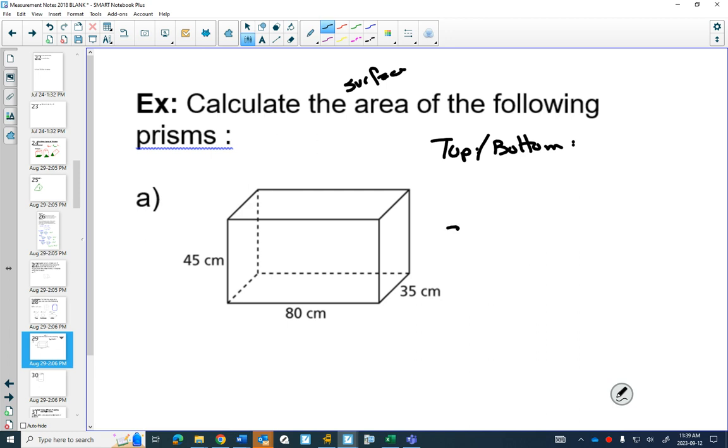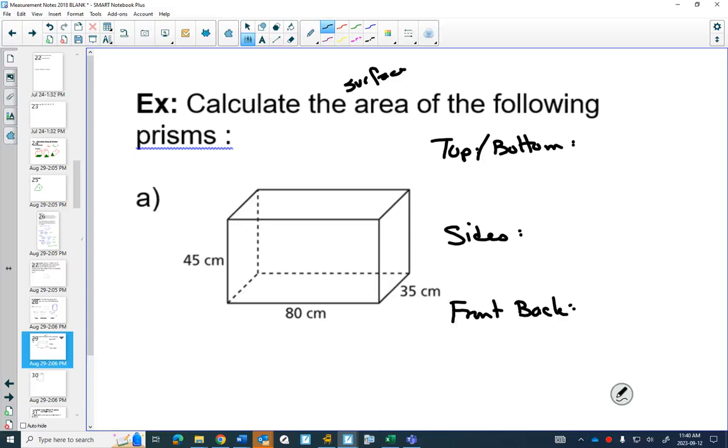Then I want to do the sides, leave some space for that, and the front and back. So I'm sort of organizing it a little bit already. I'm imagining how I could write that out so it's nicely organized on my paper, and then I'm going to add all of those up. Okay? I would like you to try that on your own.